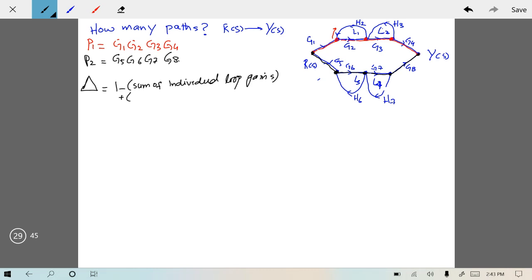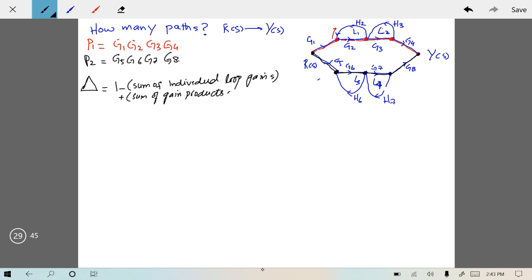sum of two non-touching loops, or rather I would like to write sum of gain products to make it more understandable.